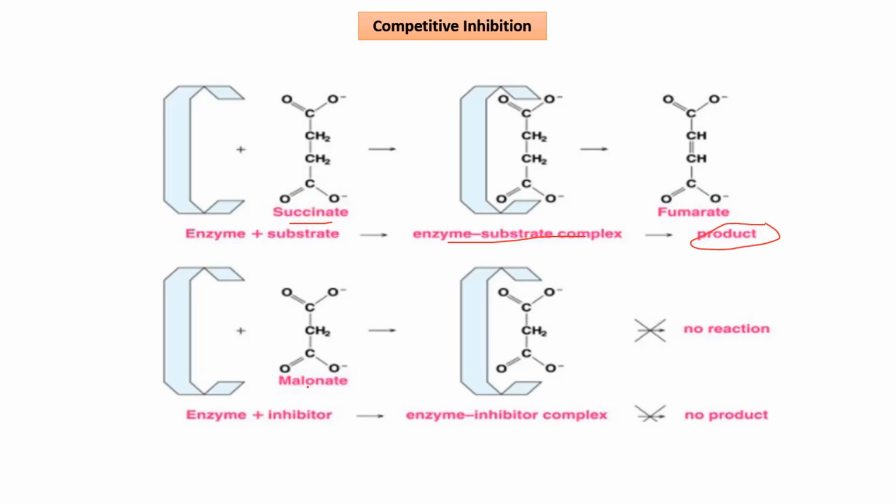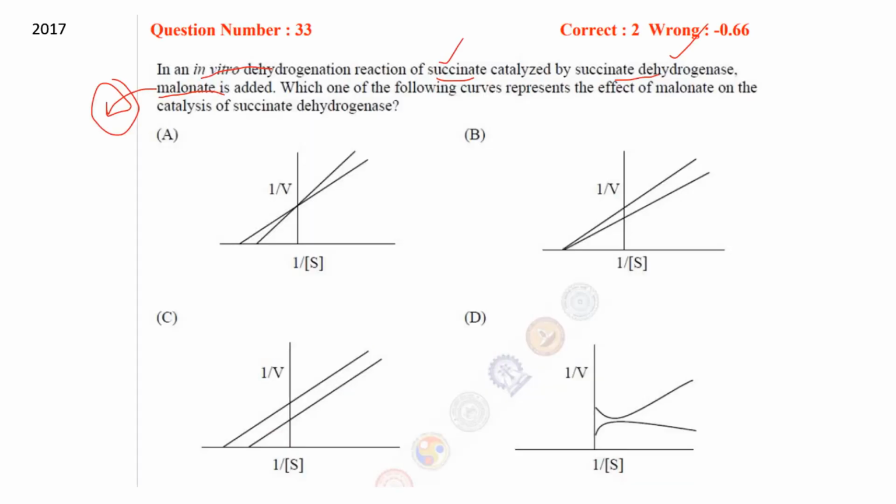But if we add the inhibitor, malonate, it will bind to the enzyme, but there would be no further reaction, and no conversion of the substrate to fumarate. What it would do is block the enzyme site so that succinate cannot bind, because they have similarity in structure. So let's go back to the question.